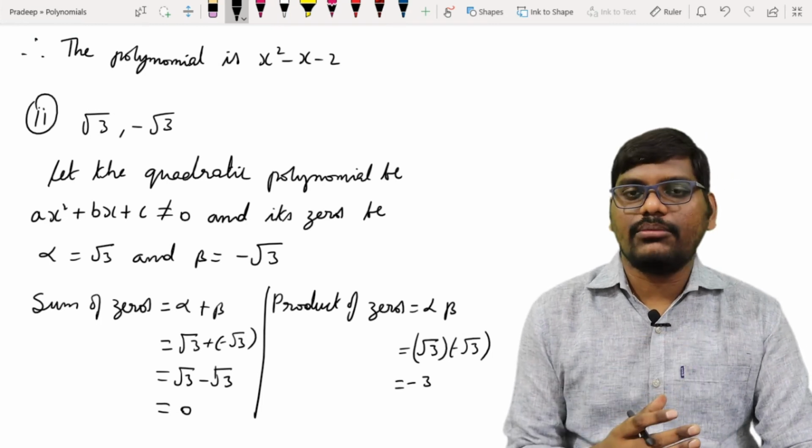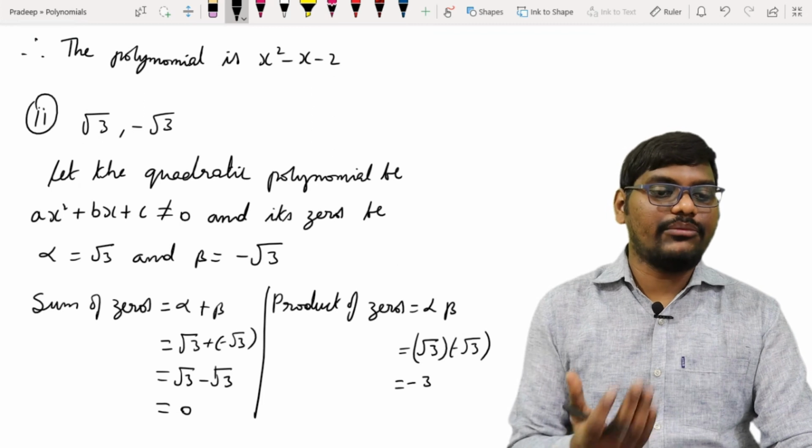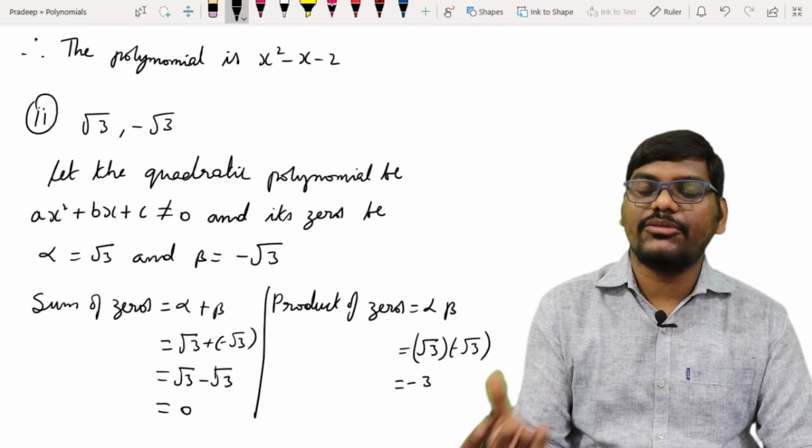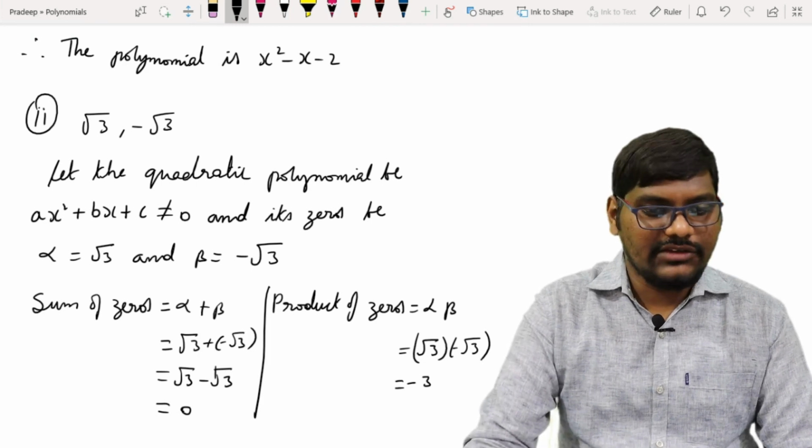So by using the sum of zeros and product of zeros, when sum and product are given, we substitute these particular values to form the polynomial.